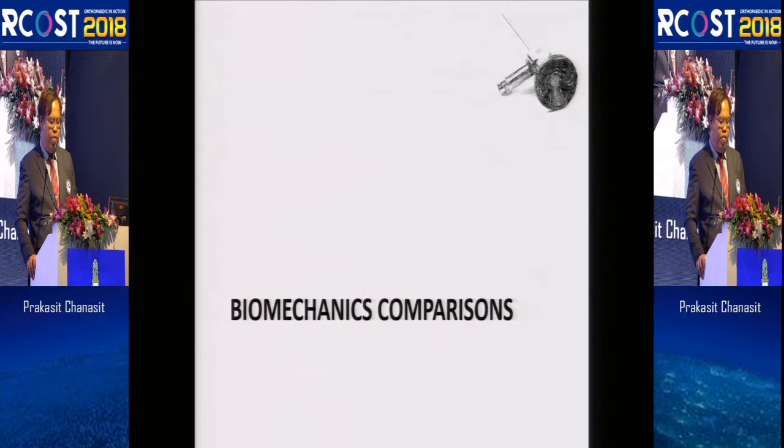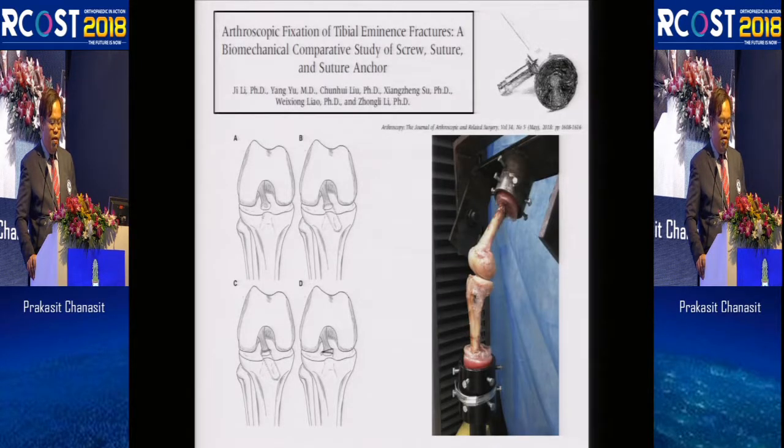So I reviewed the biomechanical comparison between each technique. First, this paper published in the Arthroscopy journal this year, 2018, is an arthroscopic fixation of tibial eminence fracture: a biomechanical comparative study of screw, suture, and suture anchor.